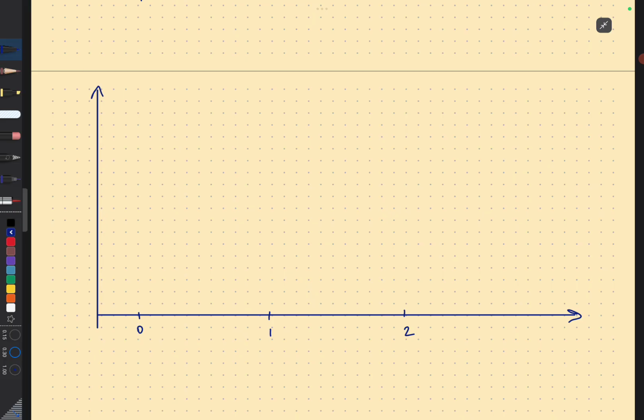There's some probability that X is equal to 0.